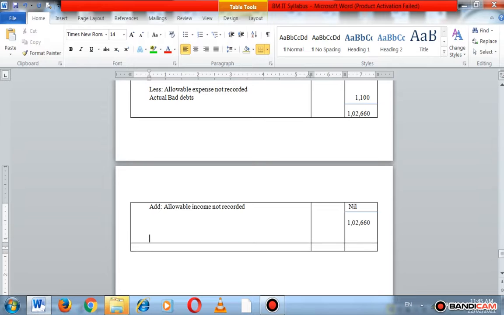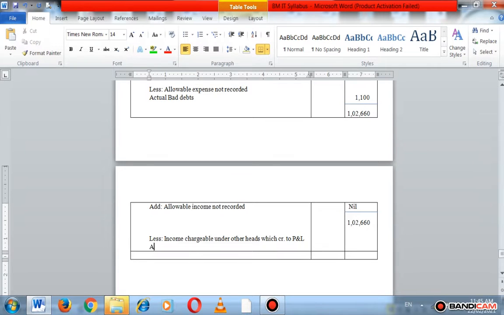Then we deduct less income chargeable under other heads, which is credited to P and L account.